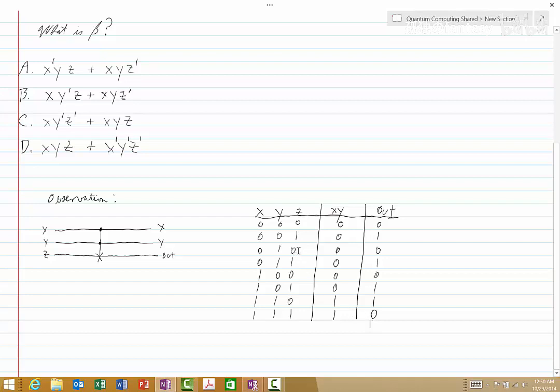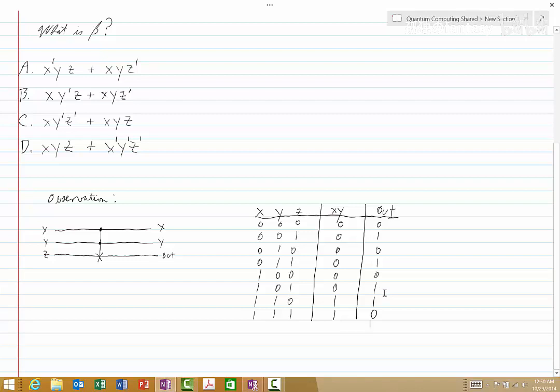Here again, when Z and XY are both 0, out is 0. But if Z and XY are different, if they're 1 and 0, then out will be 1. 1 and 0, out will be 1. 1 and 0, out will be 1. 0 and 1, out will be 1.